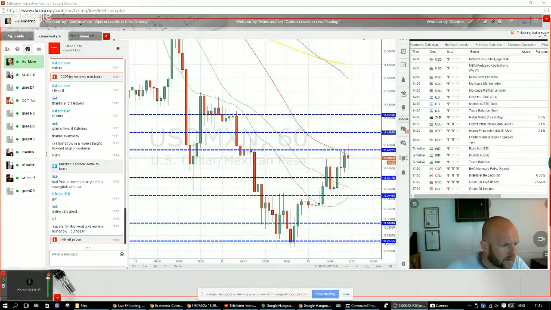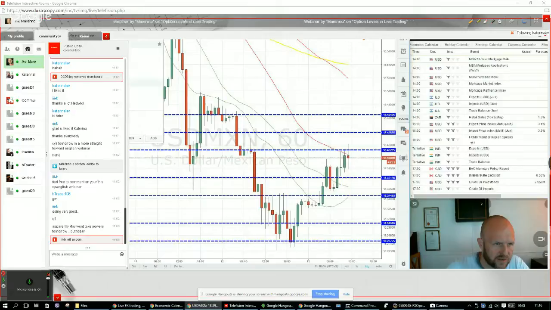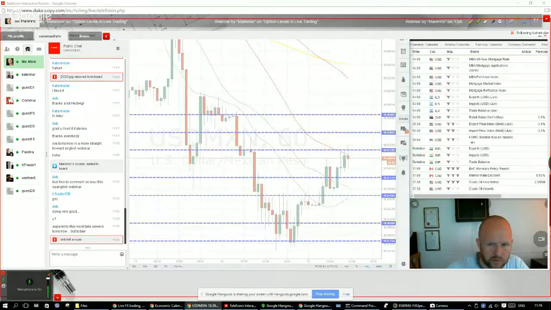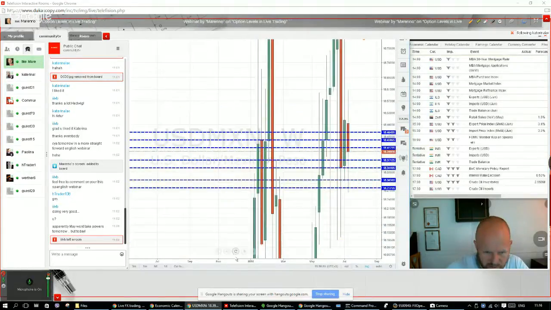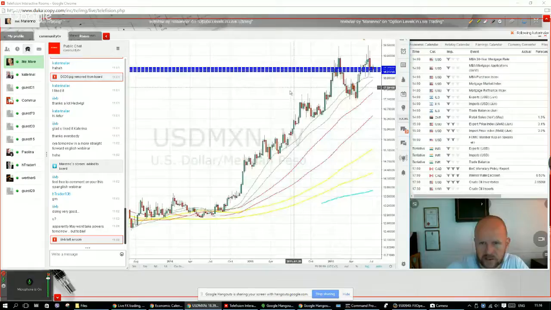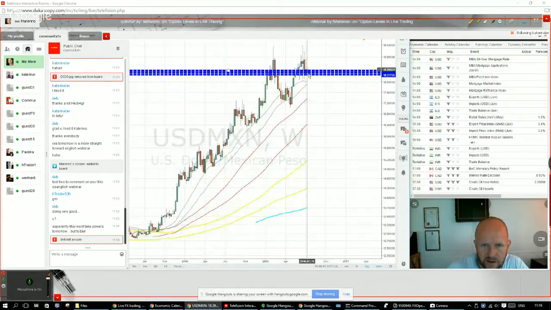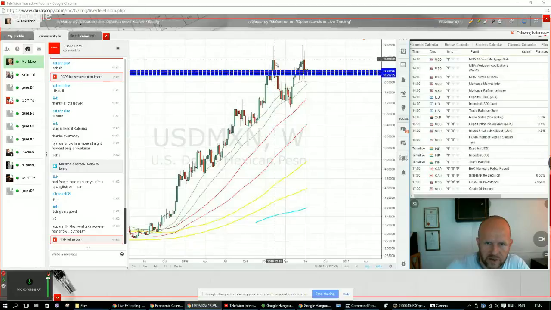Okay, so basically what we do expect with Mexican, I will come back to the 1 week chart. We'll come back to 1 hour later, but I just want you to know what I'm trying to do and what I'm trying to catch. As you can see here, we do have a very strong bearish reversal pattern around this area.